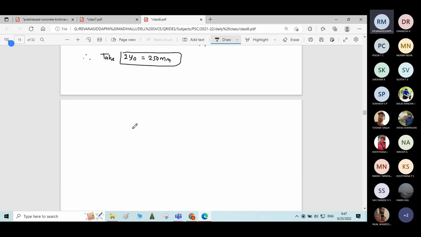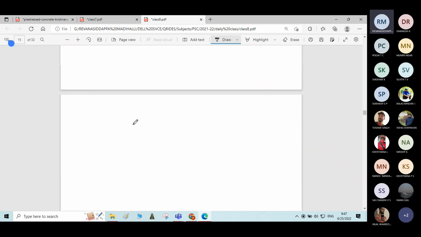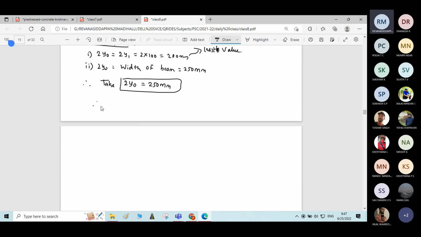Now we can calculate the area of the prism. AP is equal to 2y naught into 2y naught, or 250. Sorry, here 200 mm is the least value.